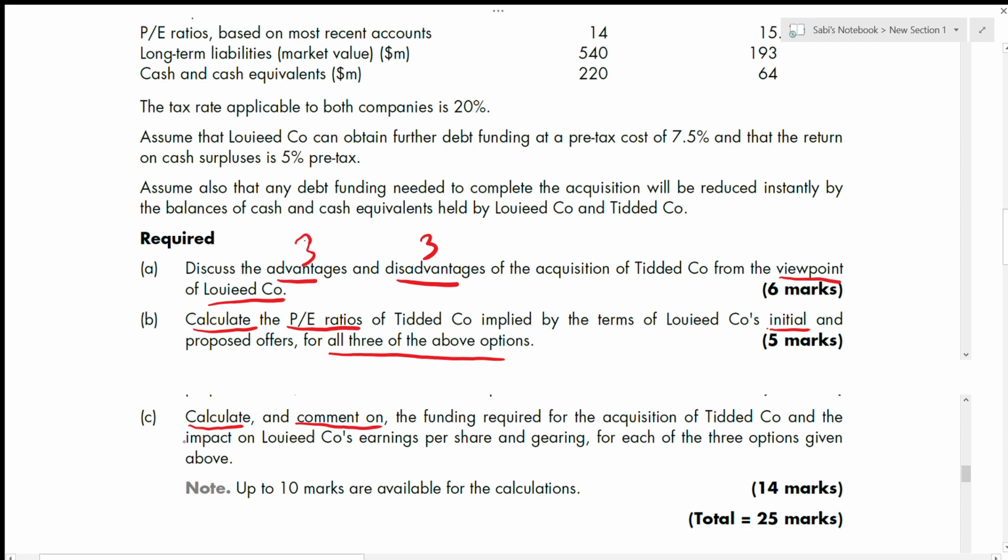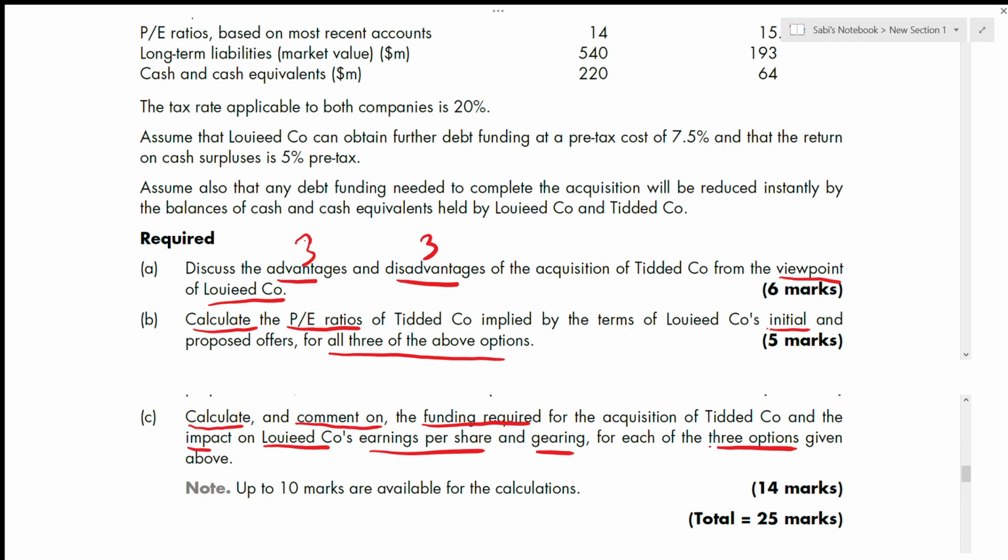Impact on Louieed company's EPS and gearing for all the 3 options, and also the funding required. Whenever you go for an acquisition, you need to know how to finance it, what the ways of funding are.